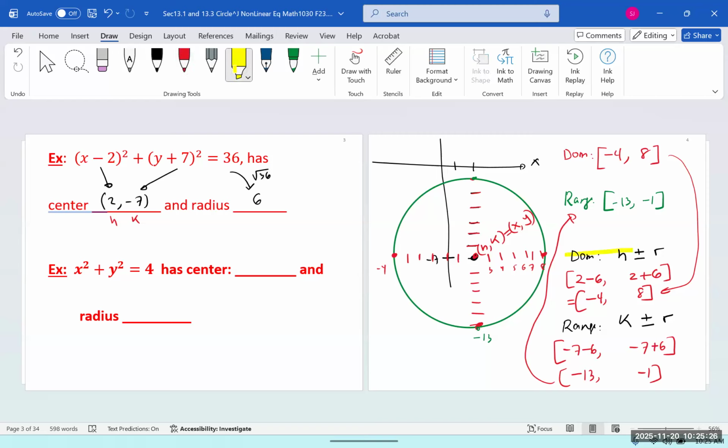The domain is the x value of the center plus minus radius. Range is the y value of the center plus minus radius. The minus radius is going to give you the lower limit, plus radius is going to give you the upper limit for both domain and range.